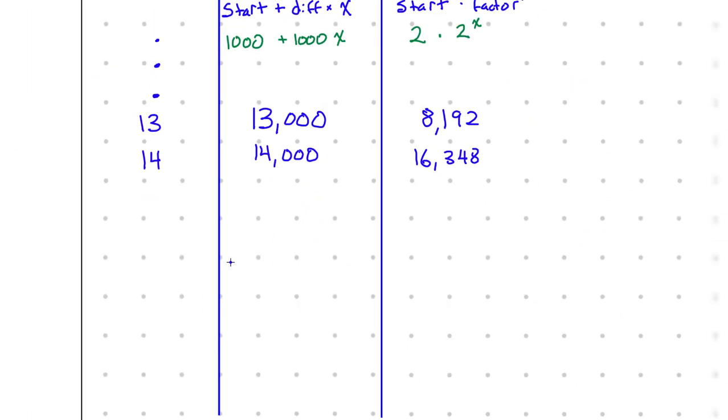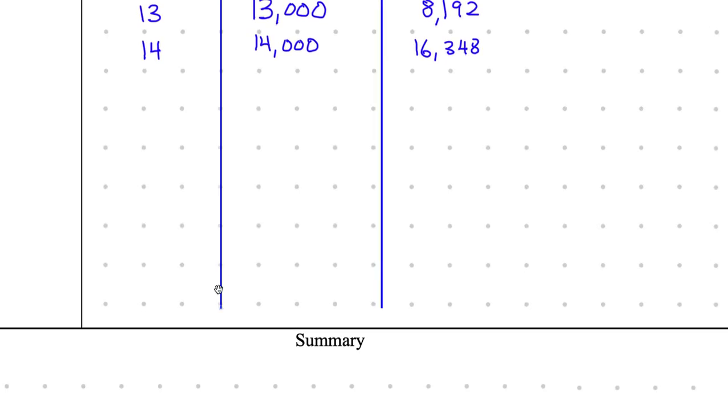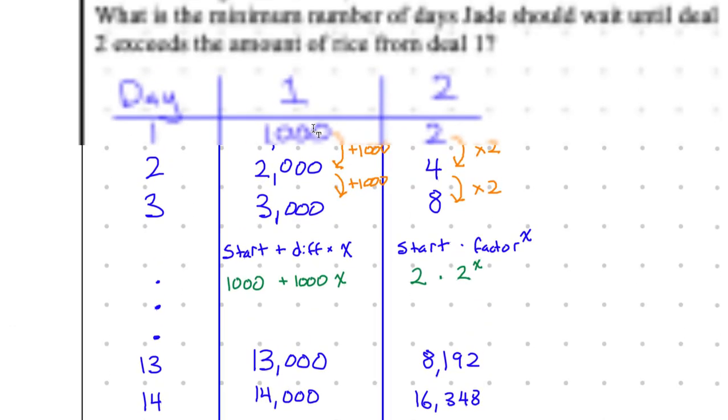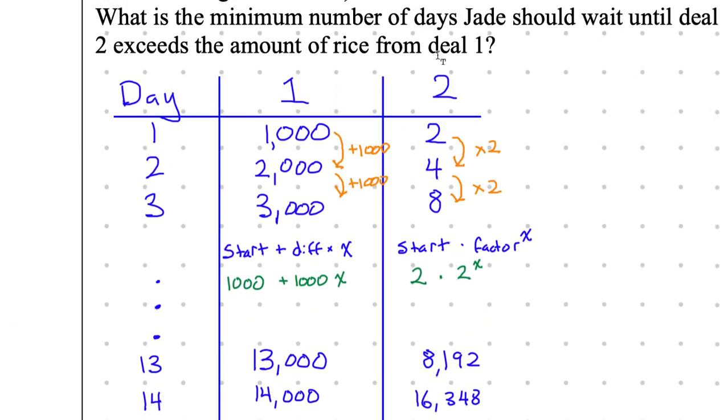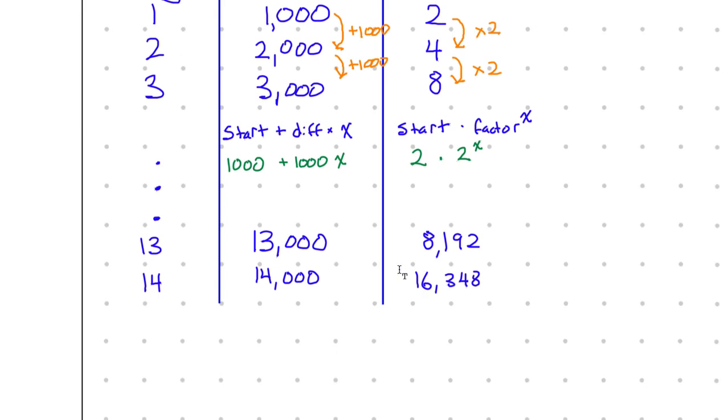So I guess I lied to us when I said that these need to be all the way down. I can grab this and make it slightly shorter, and then I can answer the question. Always answer the question. So what is the question asking? The question is asking the minimum number of days Jade should wait until deal 2 exceeds the amount of rice from deal 1. So finally deal 2 has exceeded the amount of rice from deal 1.